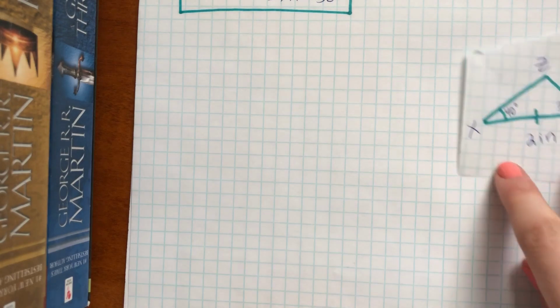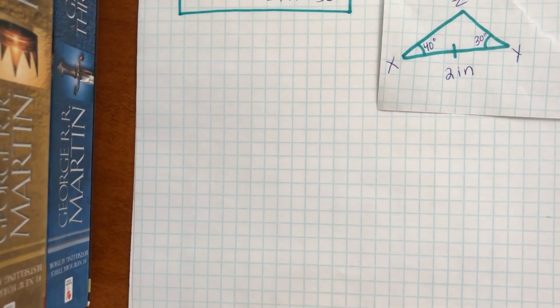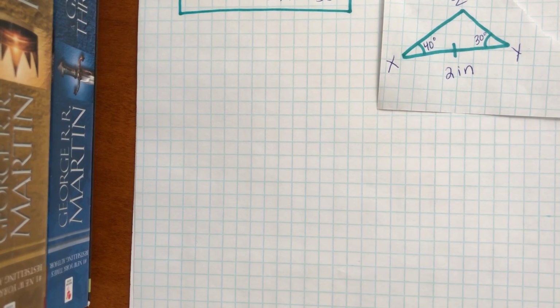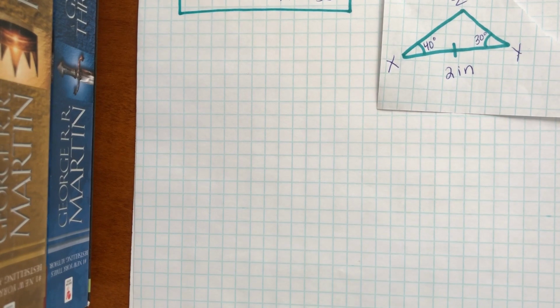So to start this triangle, I'm going to start with the side length that I know, because measuring out 2 inches is probably the easiest part of using these tools.